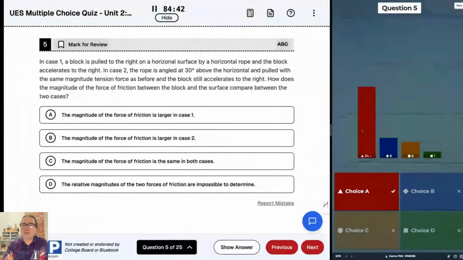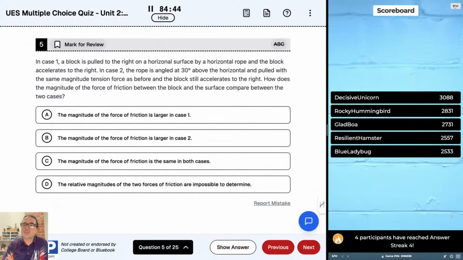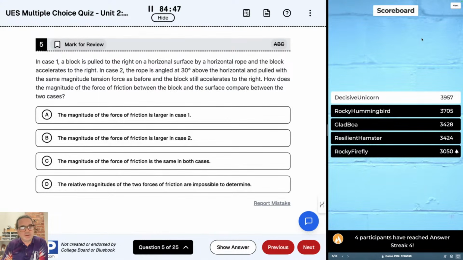Beautiful. Moving on to question 6, let's see if Decisive Unicorn is still in the lead. Congratulations, Decisive Unicorn.